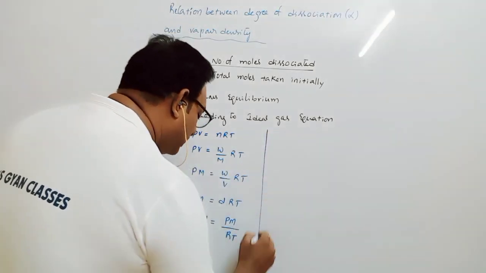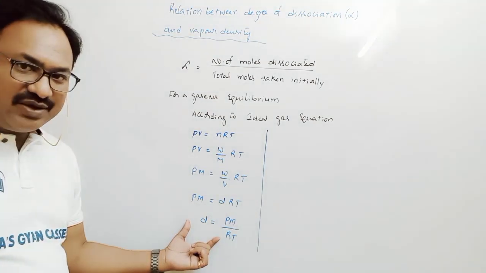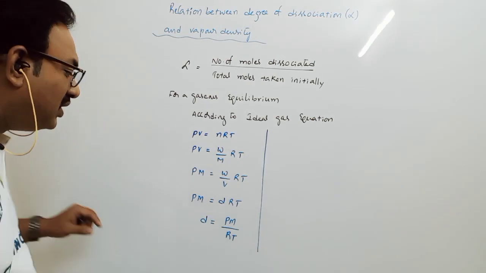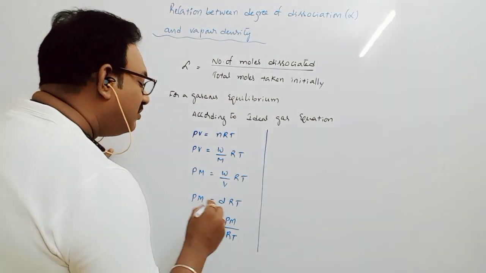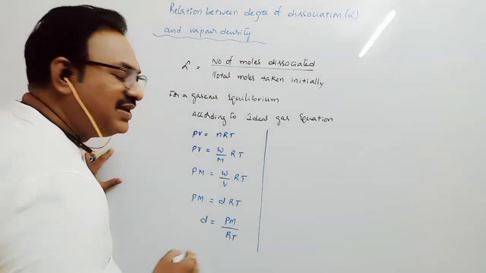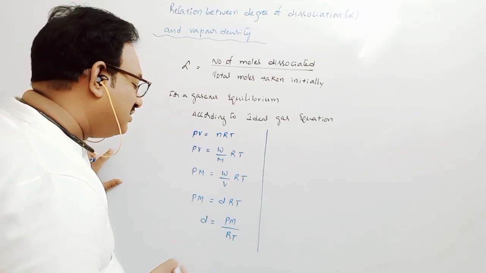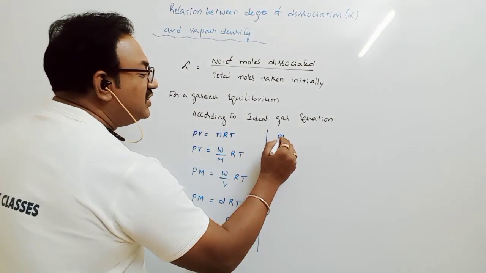Now, यहाँ तक तो समझ गए होंगे, density is equal to PM by RT. Now, instead of molecular weight, what can we take? Vapor density by 2. So again, take this equation.